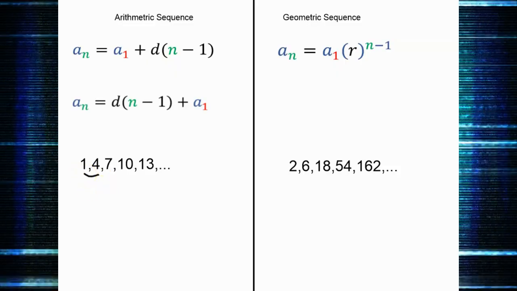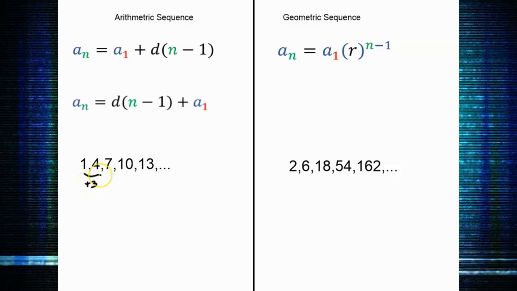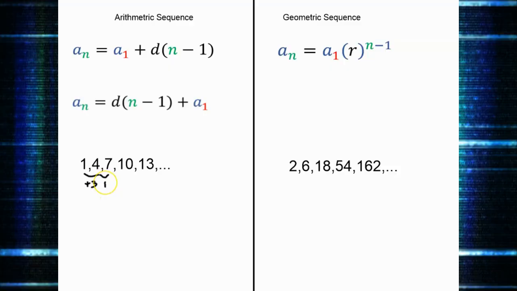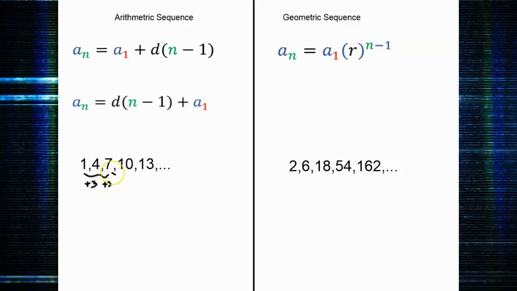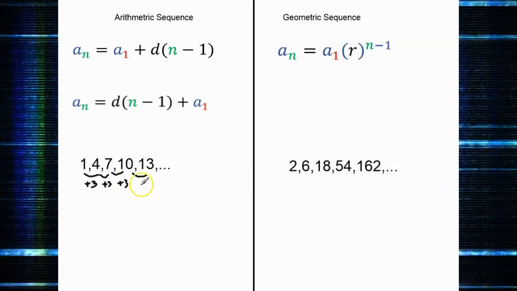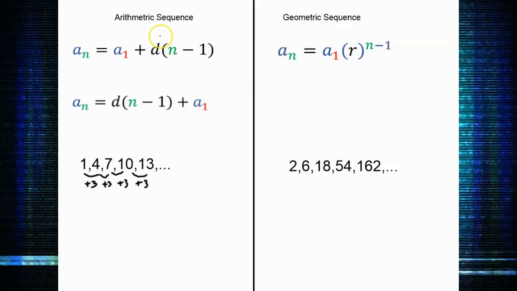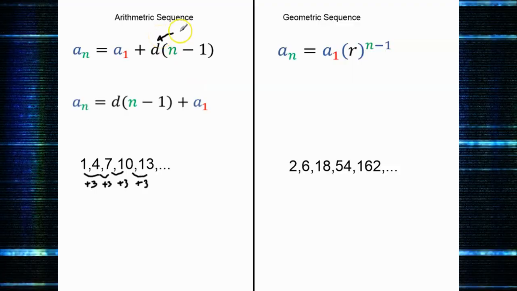So remember, we're adding 3 to go from 1 to 4. We're adding 3 to go from 4 to 7. We're adding 3 to go from 7 to 10. We're adding 3 to go from 10 to 13. So the common difference here is 3.